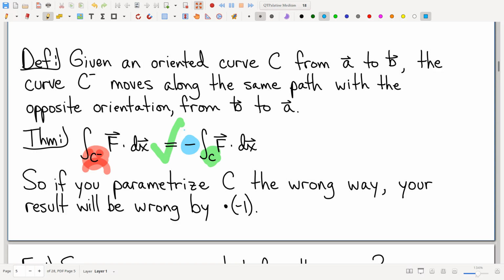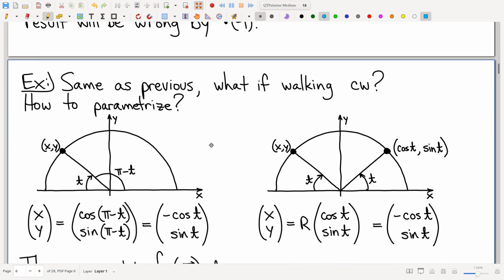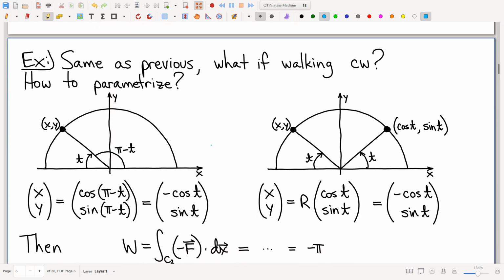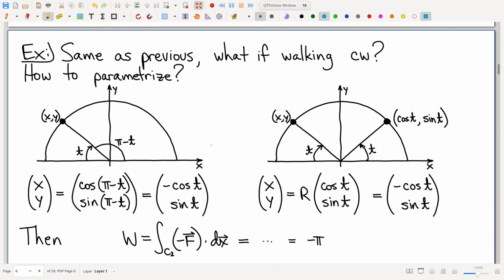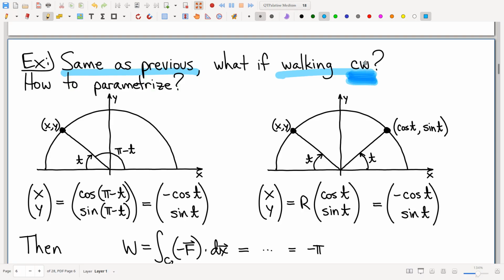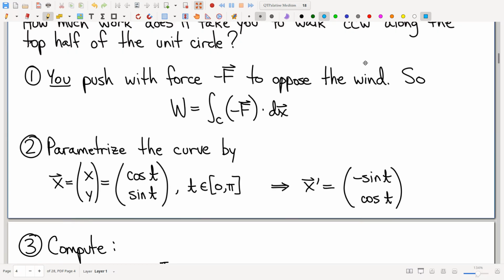So let me show you an example of all this in action. First, let me show you how to do it the old-fashioned way. We're going to look at the previous example. This time, though, walking the other direction, clockwise instead of counterclockwise. Now let me go back up here and do the mea culpa.